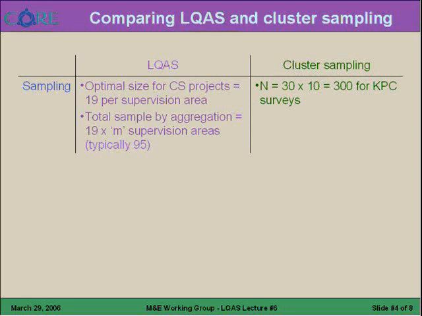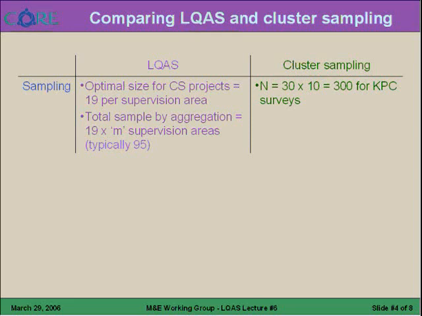In cluster sampling, we go to 30 sites in the program area that are selected randomly, and we interview 10 respondents at each site, and only the first of the 10 respondents is selected at random.